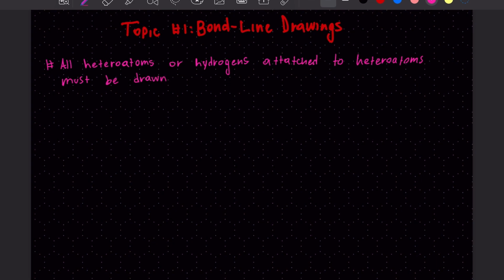And first of all, what are heteroatoms? Heteroatoms can be any atom that is not a carbon. So for example, it can be a nitrogen, an oxygen, sulfur. Any atom that in this case is not a carbon, since we know that carbons and hydrogens attached to carbons are assumed.